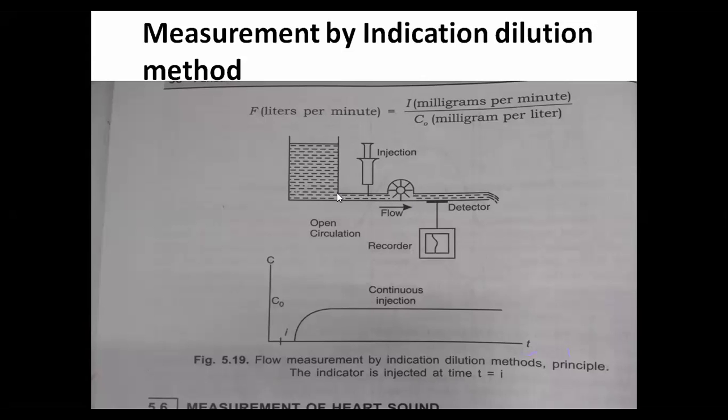Similarly, if the blood is moving very slowly, then the injected material will easily mix with the blood, and due to that the detector will identify more amount of the substance, that is C naught will be a very high value, and due to that it has a low blood flow rate. So like this we can identify the blood flow using the dilution method.